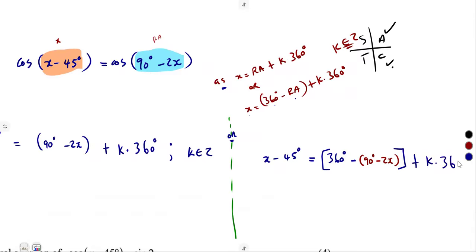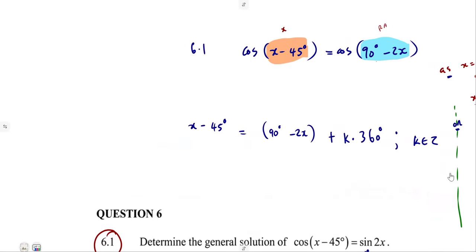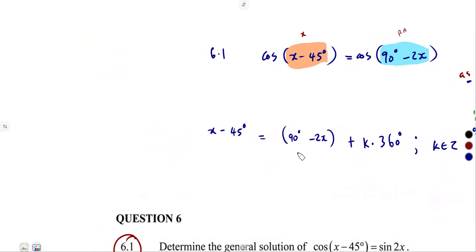So let's solve the first one. We must solve for x, until you obtain the value of x. Here, the bracket is not affected, so I can even just remove it. 90 minus 2x is not affected.